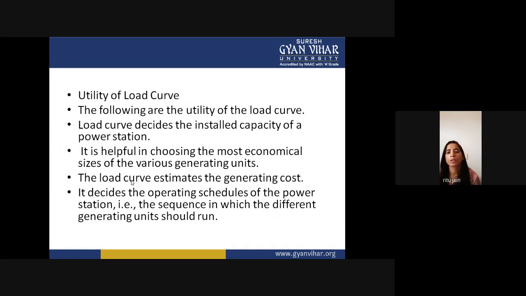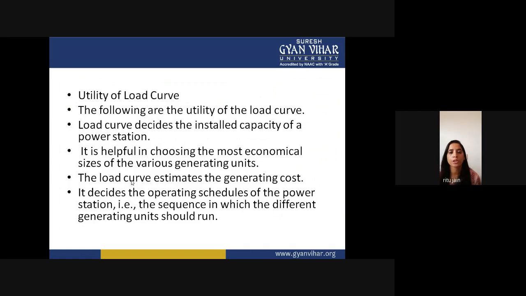Most economic generation is when you connect those generating units according to your load. Suppose the generating unit capacity is 500 megawatt, and you have connected only 200 megawatt to this generating unit, then you are not utilizing its full capacity.